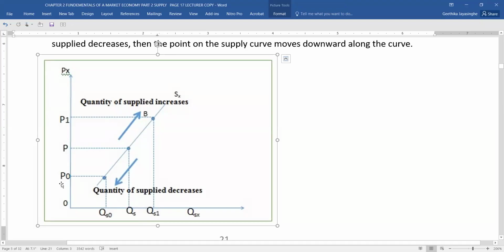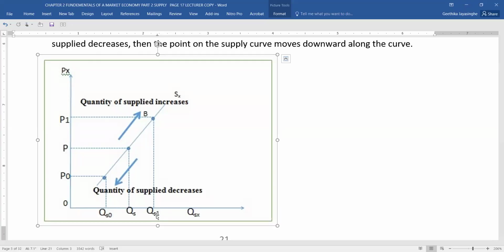This is a way of reading economic detail. You can see price one, price two, price three, or price zero, P, P1, anything. At price P0 you are talking about QS0, at P, QS, at P1 it is QS1, like that. So it's about the contraction and extension.